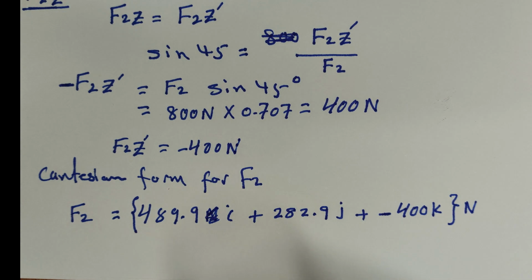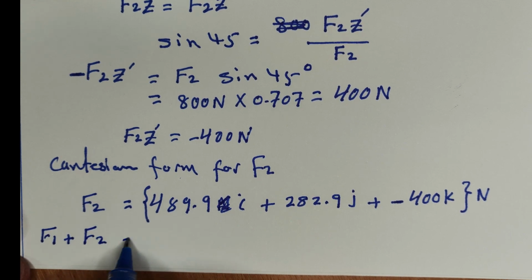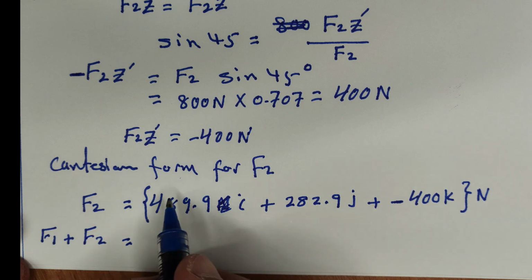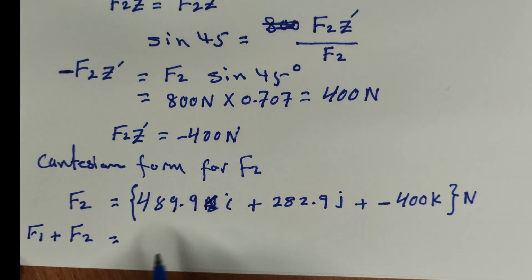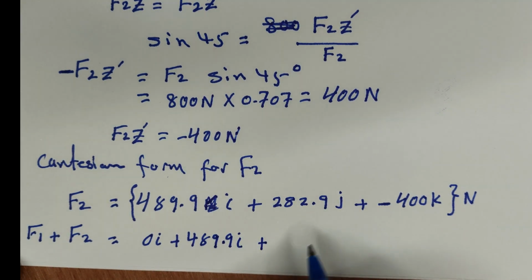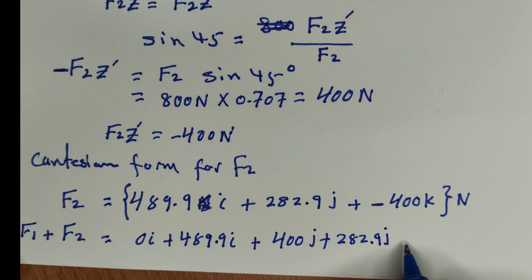And now you can add F1 plus F2 in the Cartesian form. We know that F1 on the x direction had 0 i component, therefore 0i plus 489.9i, plus the j component. For F1 it was 400j plus 282.9j.